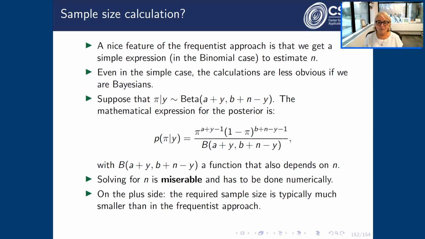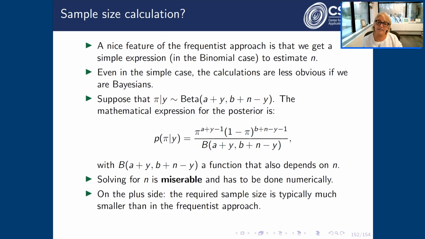Remember, we said you can solve for n, for example, using this criterion that says, I want a margin of error no larger than, let's say, 3%. And what is the n that will meet that criterion? It turns out that in the simpler case, you get a very simple expression and you can get the value of n on your calculator.